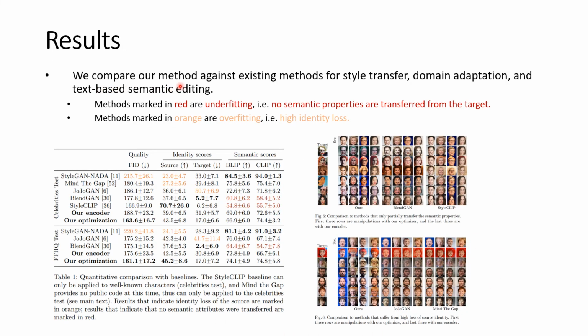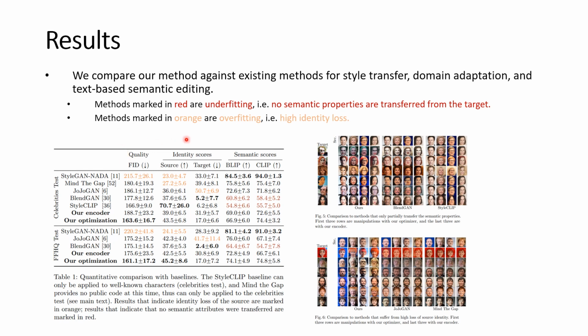Finally, we compare our method against existing methods for style transfer, domain adaptation, and text-based semantic editing. We test the FID, the preservation of the source identity, and the semantic transfer of properties from the target to the sources. Results marked in red in the table indicate underfitting, meaning that no semantic properties are transferred from the target to the sources, as can be seen in Figure 5 here.